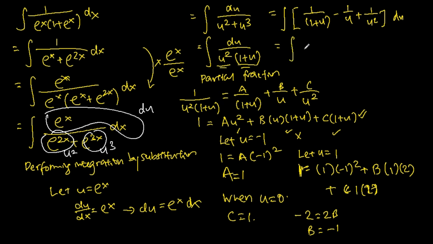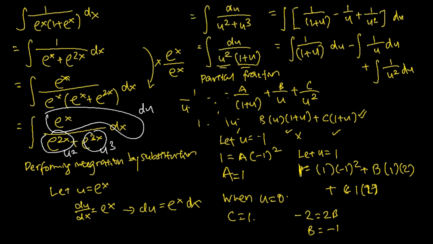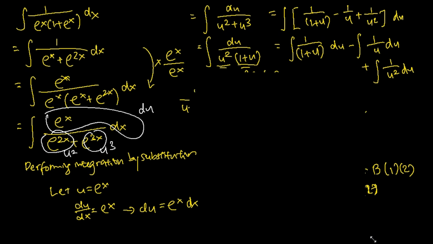The first integral will be the integral of 1 over 1 plus u du, while the second integral will be the integral of 1 over u du, while the last integral will be 1 over u squared du. As you can see, we used partial fractions to decompose the fraction into 3 different fractions.